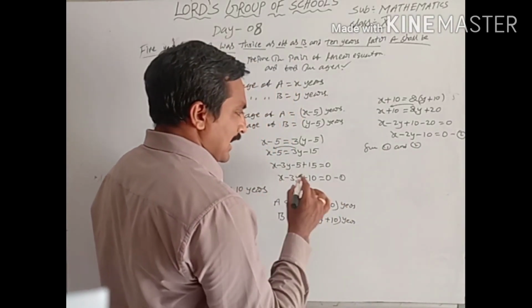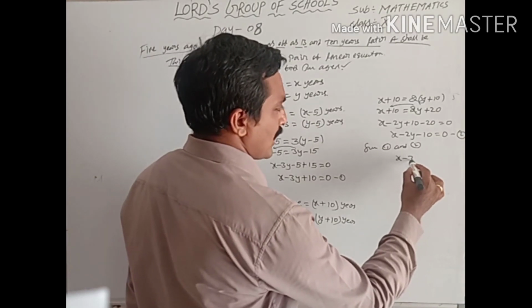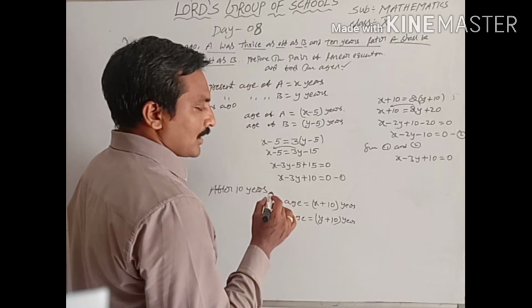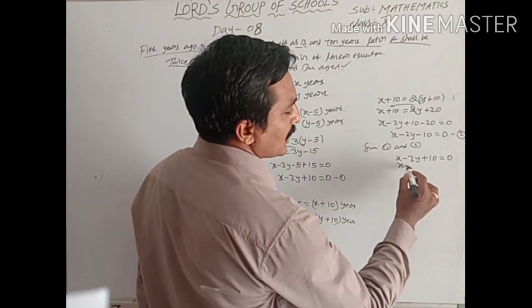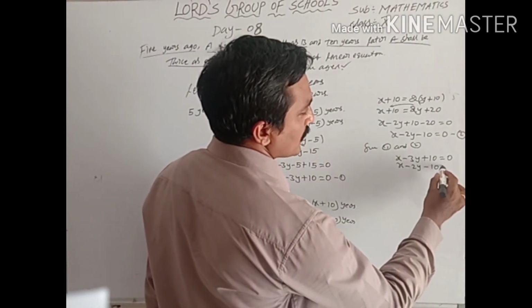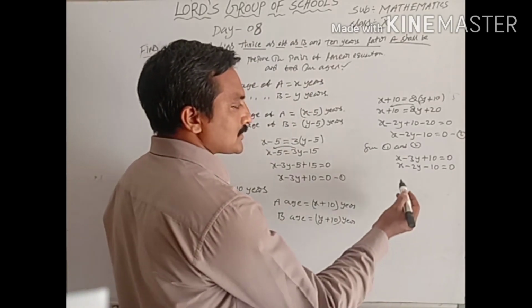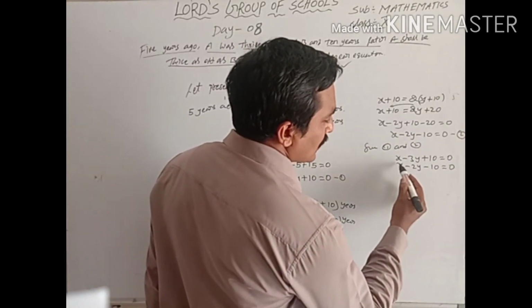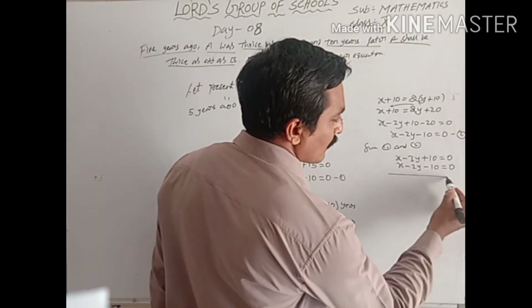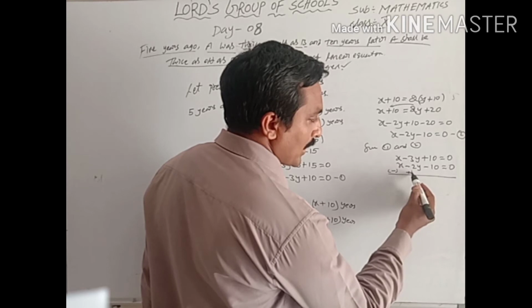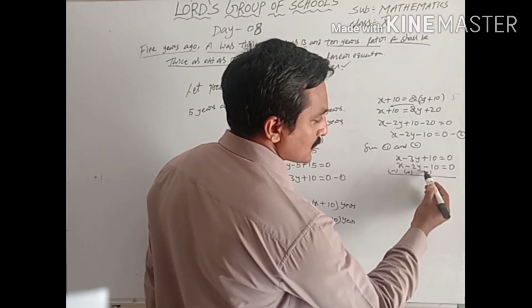See now. X minus 3y plus 10 is equal to 0. Next, x minus 2y minus 10 is equal to 0. In these two cases, you have to observe the coefficients are the same; just change the symbols, minus to plus.